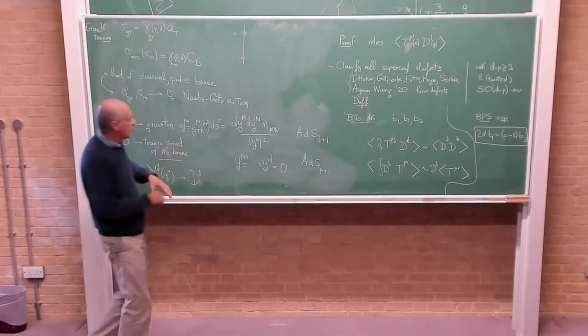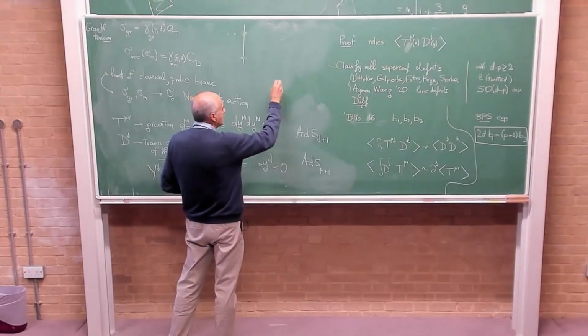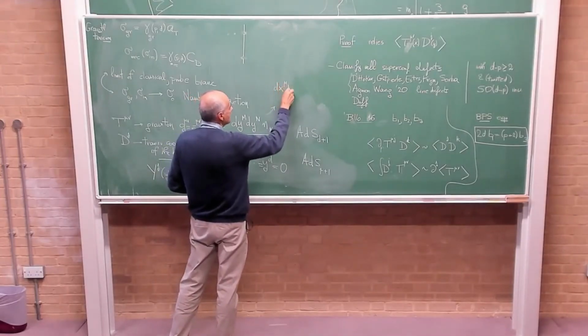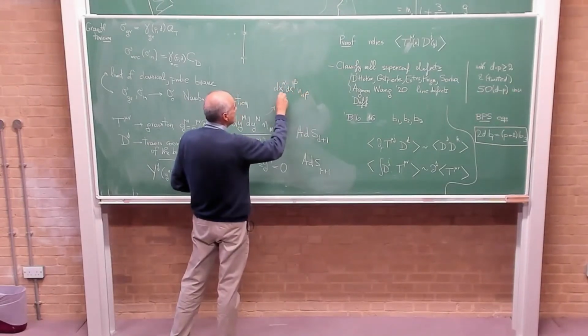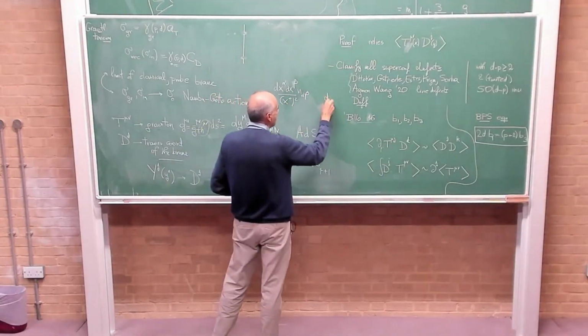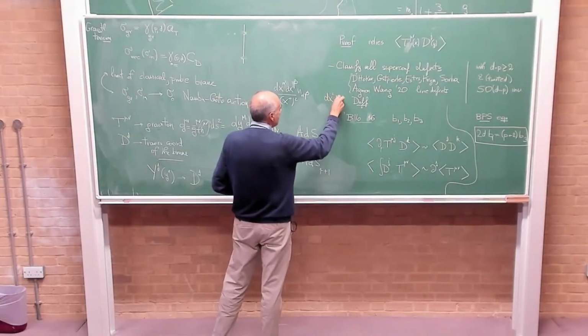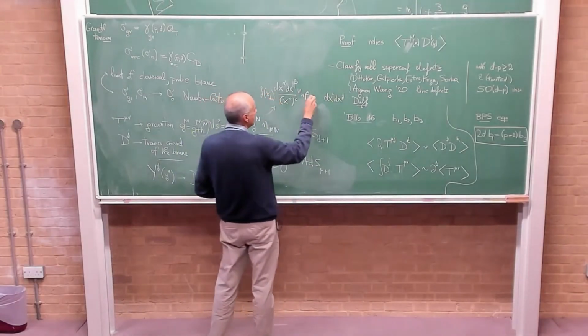So there is another set of coordinates which looks like dx mu dx mu, dx alpha dx beta eta alpha beta over x0 squared, and then dxi dxj, and here you have functions of the transverse x.